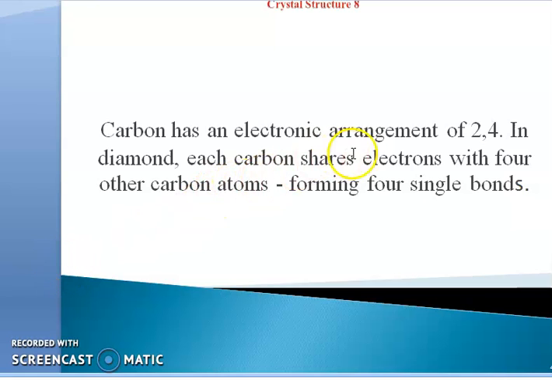Now, carbon has an electronic arrangement of 2, 4. In diamond, each carbon shares electrons with 4 other carbon atoms, forming 4 single bonds.